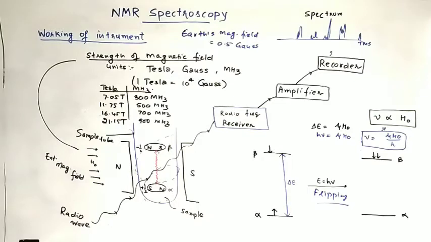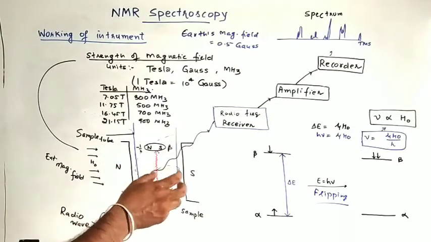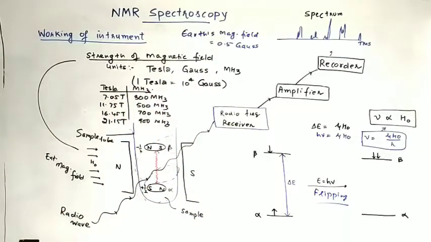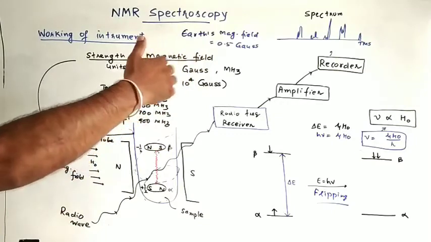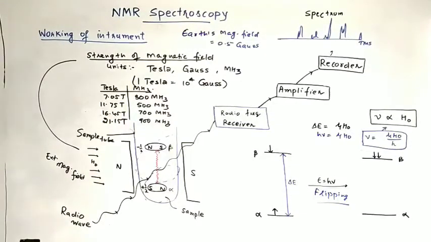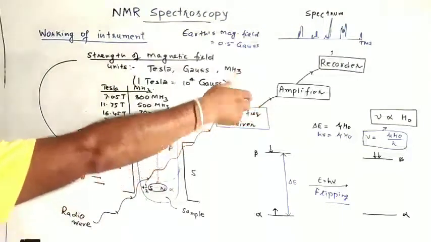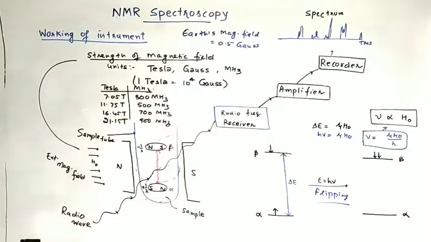When you slowly and continuously increase the magnetic field strength, various protons come in resonance with this radio frequency, and side by side peaks appear in the spectrum. In this process, radio frequency is absorbed, and by this flipping of protons, a small electric current is generated in the coil of wire surrounding the sample. That electric current is amplified and recorded by the recorder, the electrical component of this instrument.